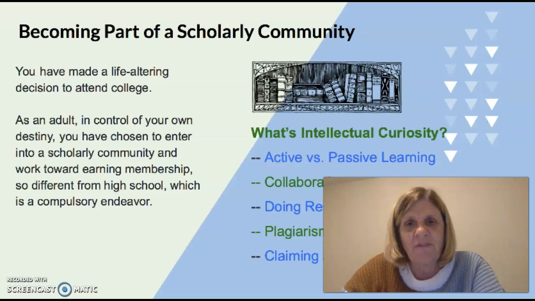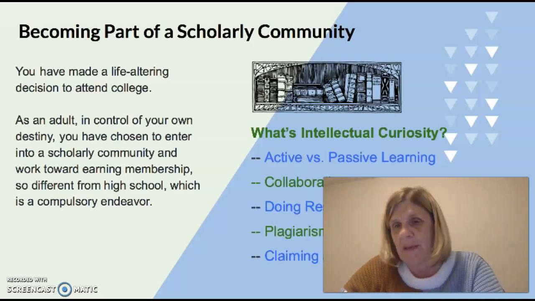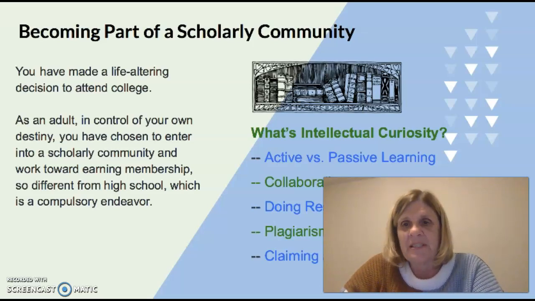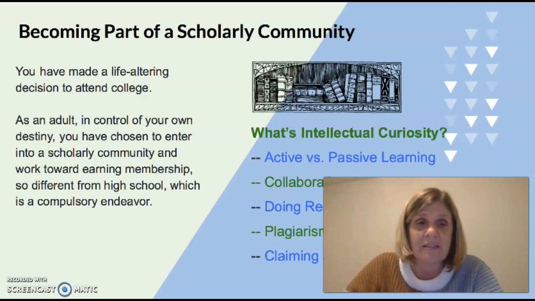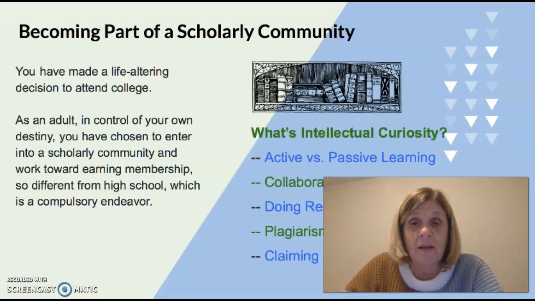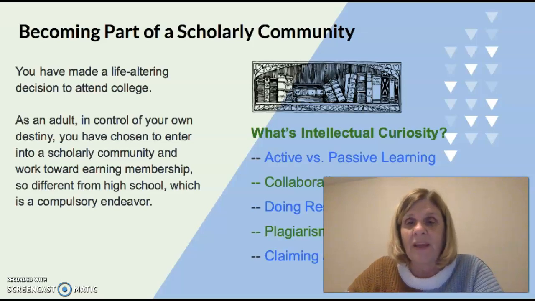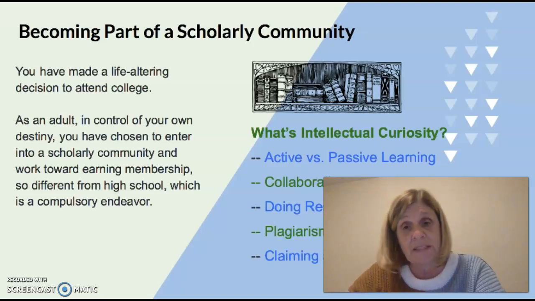And if you look at those 5 components of what that means below it, you can see that at a college level, we must become more of an active learner rather than having someone feed us information, be able to work in small and large groups a lot more extensively, understand how to gather information from primary sources and secondary sources, recognizing what constitutes plagiarism and how my work is my intellectual property and other people's work is theirs.